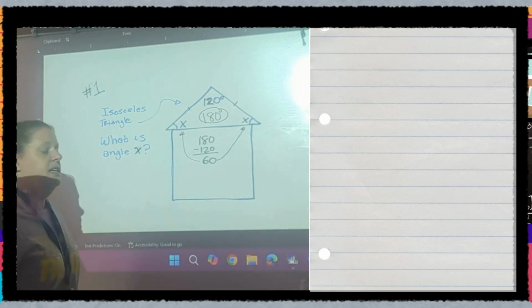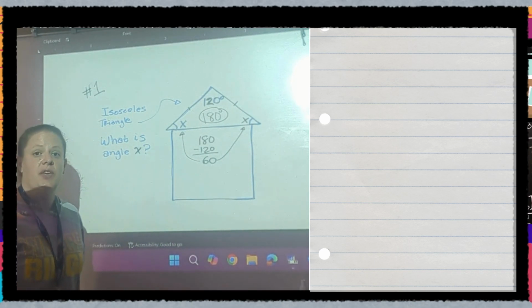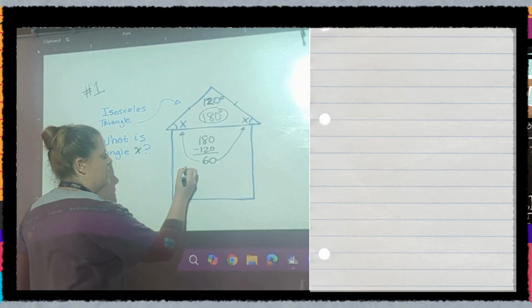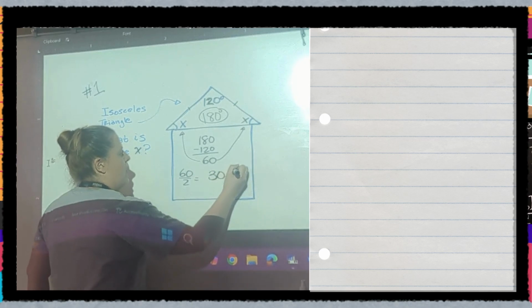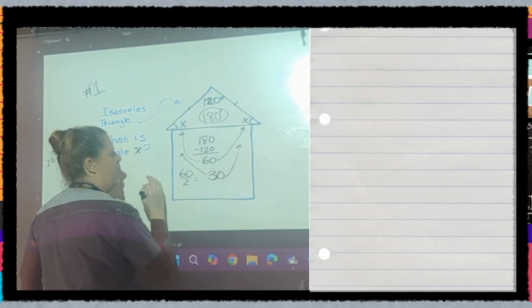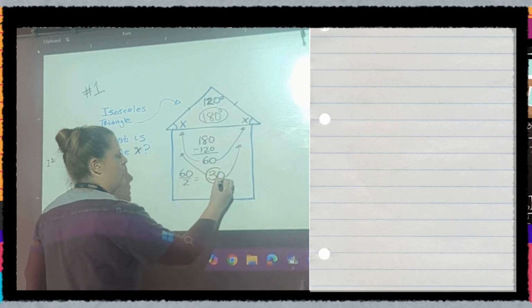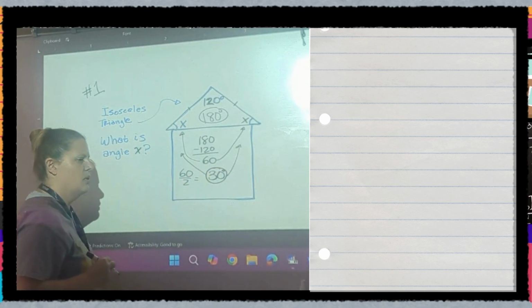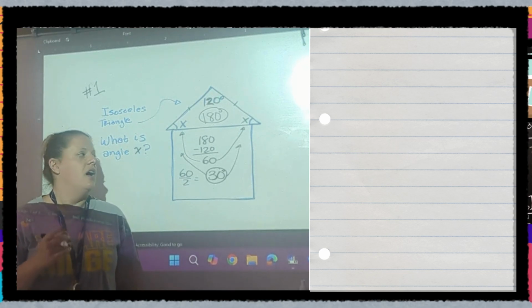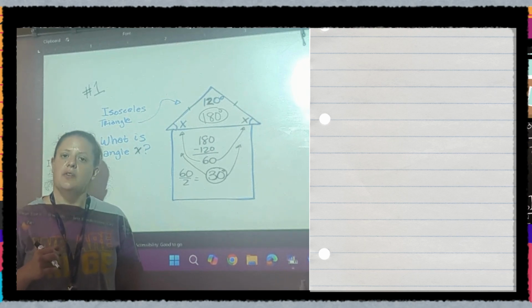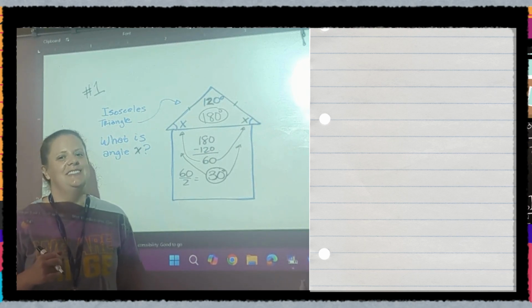Well, it's isosceles. Those two angles are the same thing. So we can take 60 and divide it by 2. That means both of these angles are 30 degrees. Pay attention to the numbers you have, but this is fairly straightforward. You should be able to figure it out.